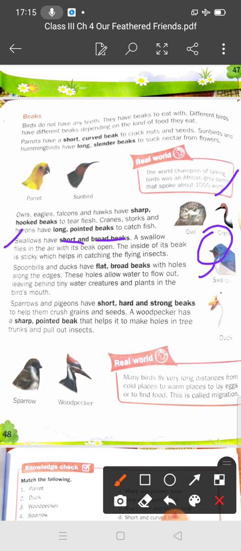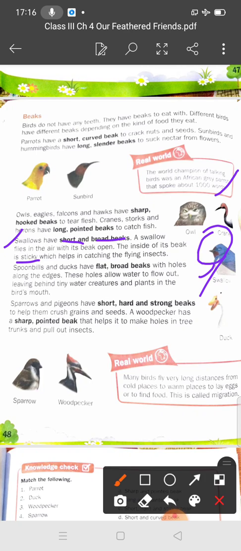A swallow flies in the air with its beak open. When this bird flies in the air, it opens its beak, and you know the inside of the beak is sticky.